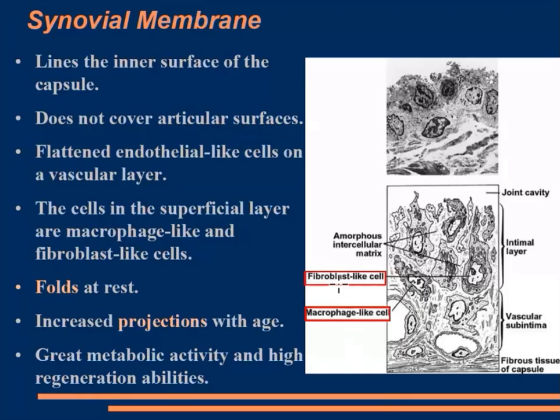The synovial membrane shows high metabolic activity and high powers of regeneration also. It has many folds at rest. These folds flatten out during movement of the jaw. So at rest we have high folds, and once we have movement, we will have more flattening. With age, the number and the size of the projections will increase to supply more of the discal tissue.